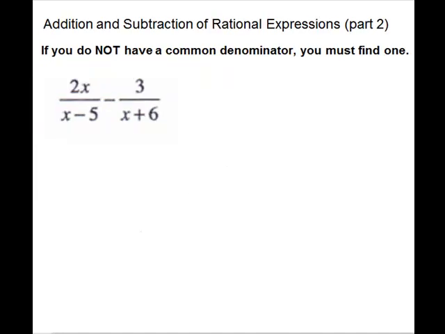For our next problem, we look at the denominators. They are binomials, but they will not factor, and they have nothing in common. So for the LCD, we will have to use them both. This means that the first fraction needs an x plus 6.